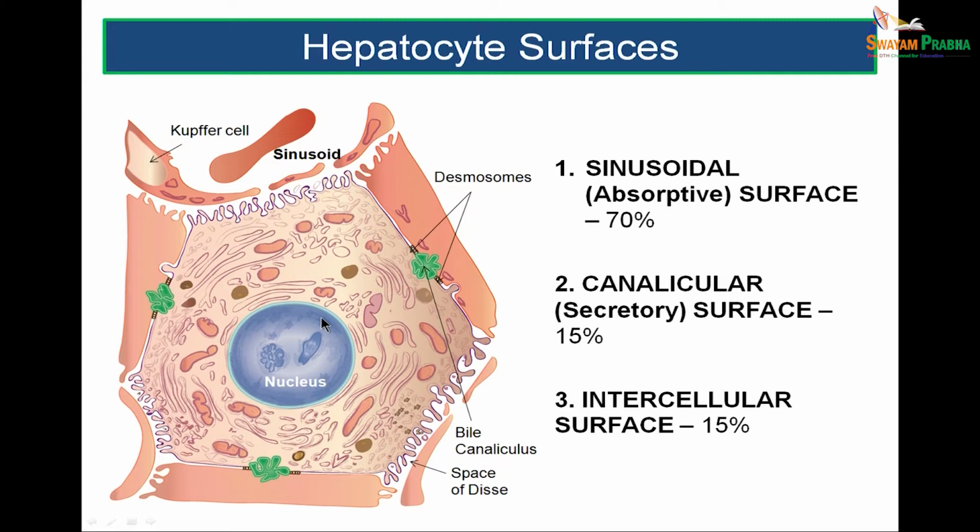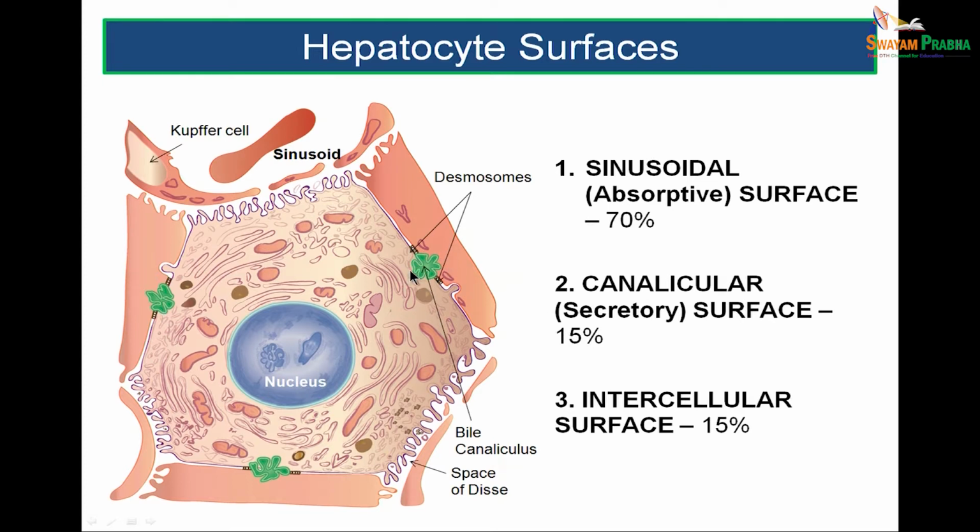If we would like to study the hepatocyte further, let's look at the surfaces. This surface lines a sinusoid. So, that is called the sinusoidal surface, and it is absorptive in function. It makes up 70% of the total surface area of any hepatocyte. Then there is a canalicular surface, the green structures that you see here.